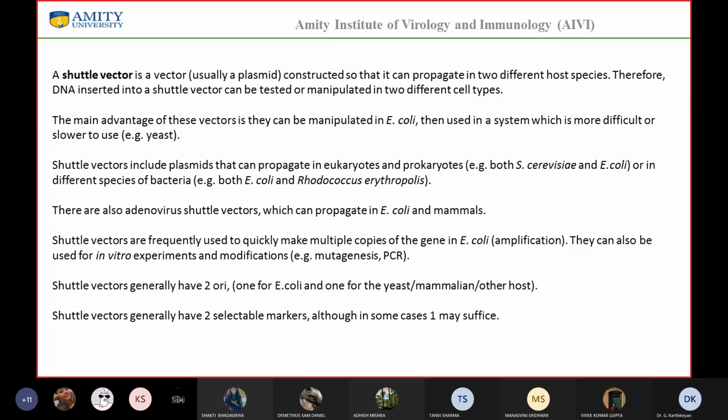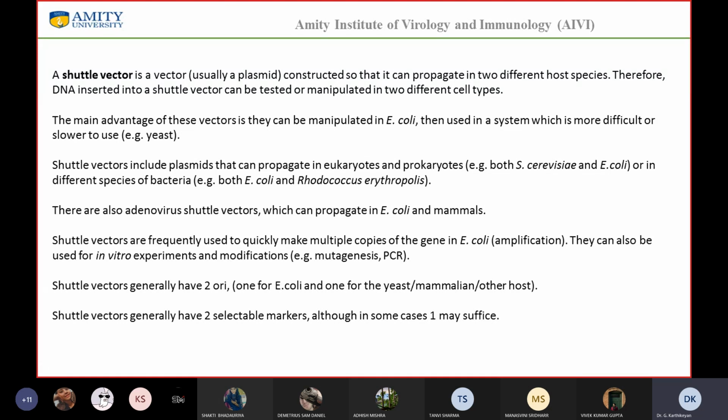So what is the advantage? Shuttle vectors are frequently used to quickly make multiple copies of a gene in E. coli, so that you can have amplification. You can make many more copies of it, and then you can use it for in vitro experiments and modification.